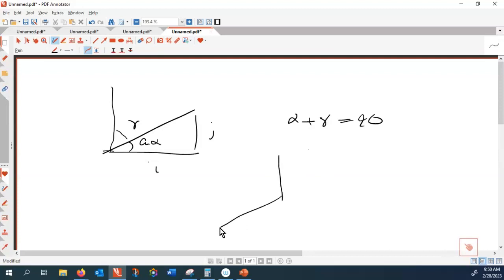In the 3 dimension, it's the same story. That's a general vector.